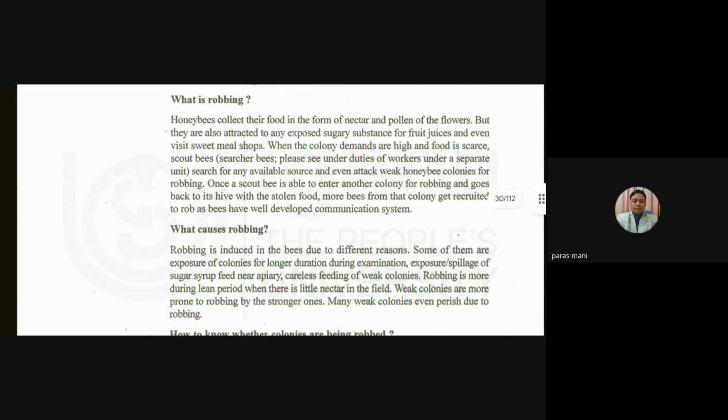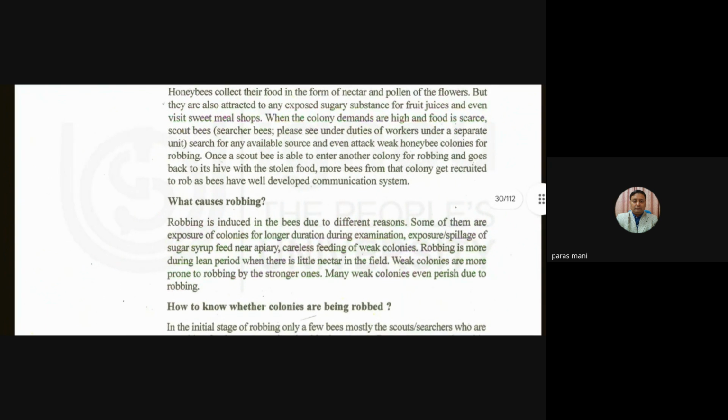In case of robbing also, whether it is a flower or a robbed source, that communication happens to the remaining workers of the colony.